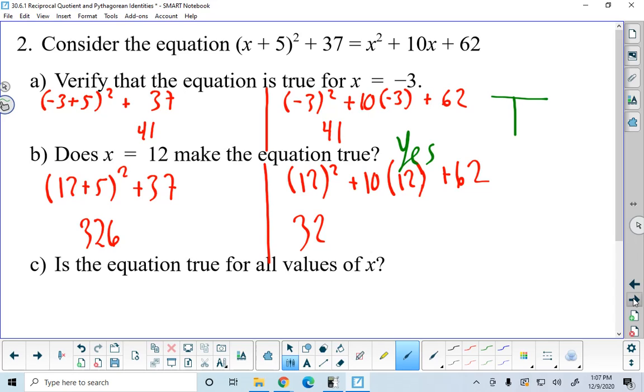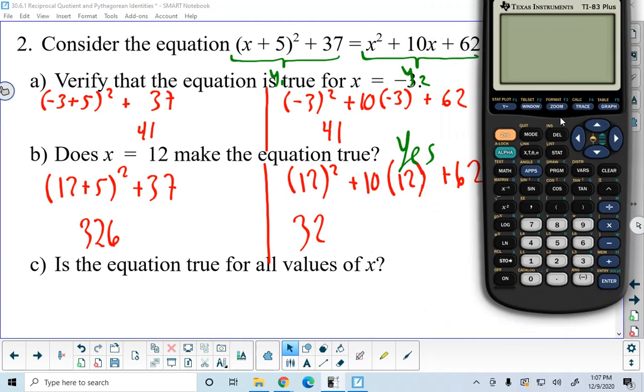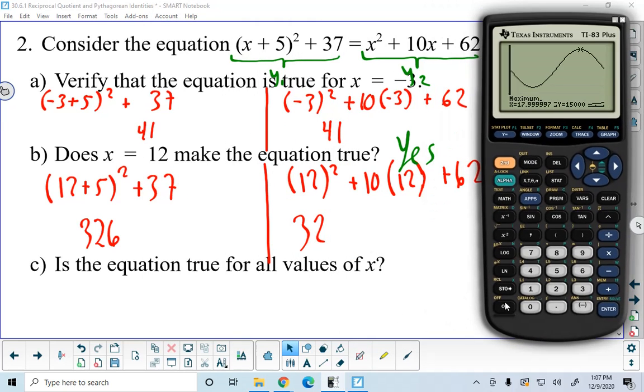You know what? Rather than putting these numbers in, why don't we put this in for y1 and this in for y2, and don't look at a graph, look at the tables. So I'm going to put in for y1, and again, I'm not interested in a graph.